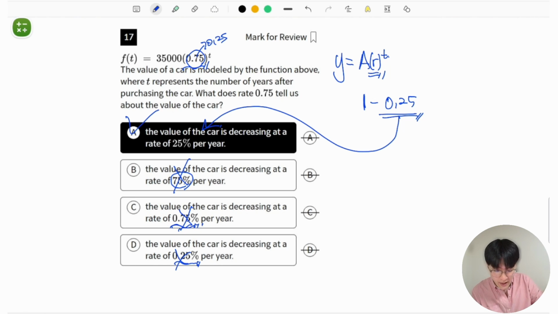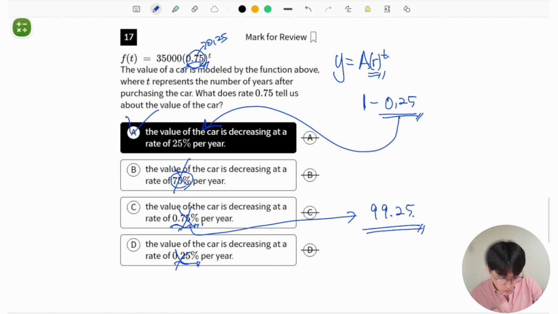If these were to be the answer, then inside of the rate would have been 99.025%. So that doesn't make any sense. And therefore, answer choice A is correct.